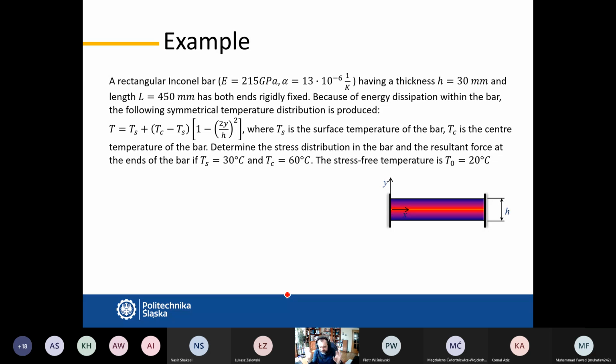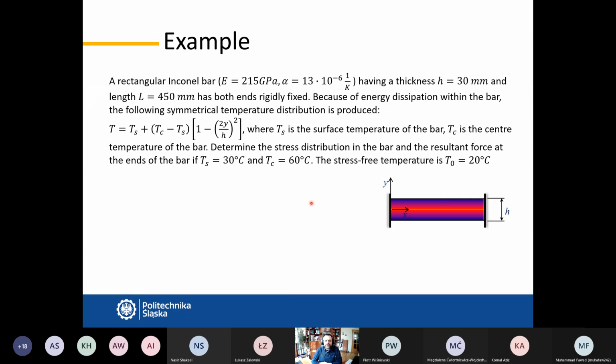And we observe, due to some effects, such as energy dissipation, a symmetrical temperature distribution within the bar, which is given by this formula Ts plus Tc minus Ts, times a function of y, where Ts is the surface temperature of the bar, and Tc is the center temperature of the bar. As you have it shown here, more or less, with the colors. So it's hotter here because the inner temperature is 60 degrees, colder at the sides, so it's 30 degrees.